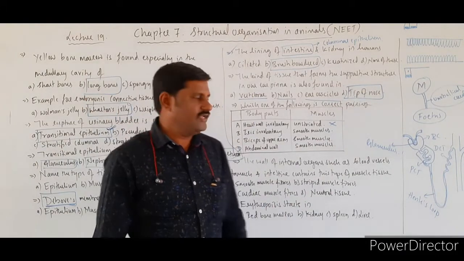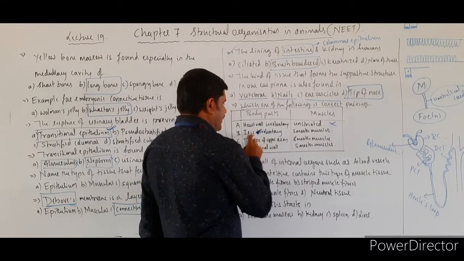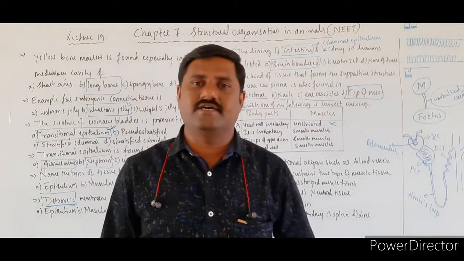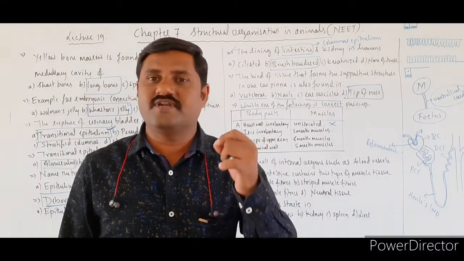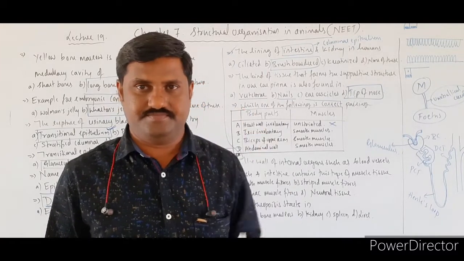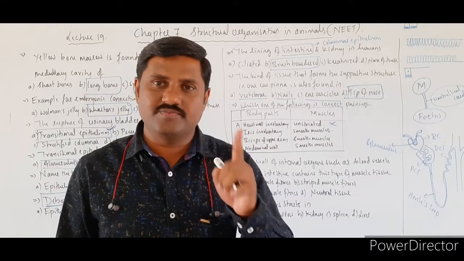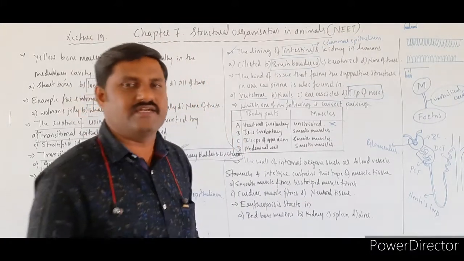Correct? Next one. Iris voluntary. Iris involuntary. Of course, iris is present inside the eyes, responsible for the coloration of the eye. Whenever you study the structure of the eye, that moment you will come to know where actually this iris is present, right?